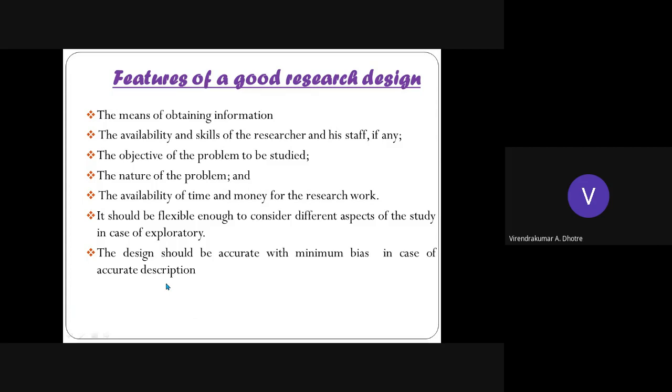Once the objectives of the problem are clear, definitely the implementation of methodology and processes to achieve them will be much easier. It should also allow us to identify the nature of the problem.